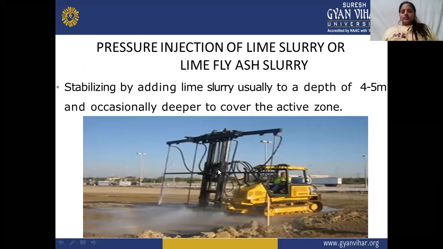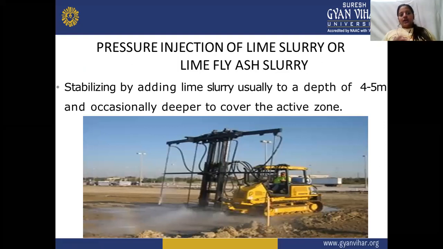So we have to understand some of the processes which can be done. One is pressure injection of lime slurry or lime fly ash slurry. Fly ash is a product which is generated in thermal power plants. It can be induced into the lime fly ash slurry, as it helps in creating more strength.